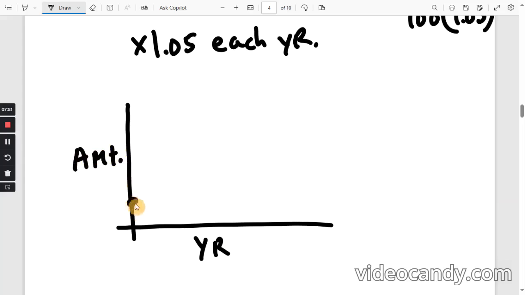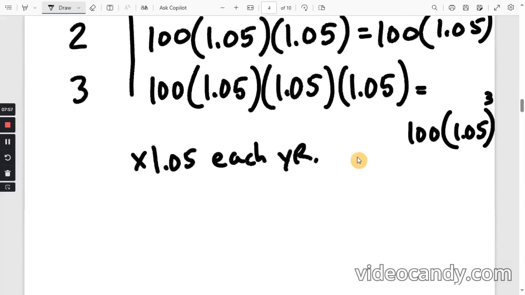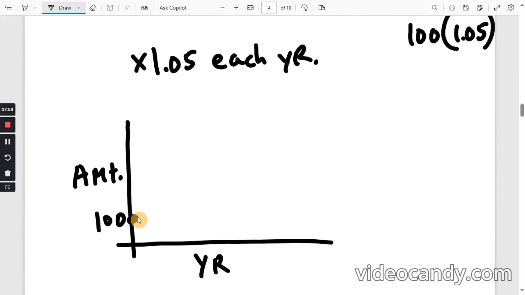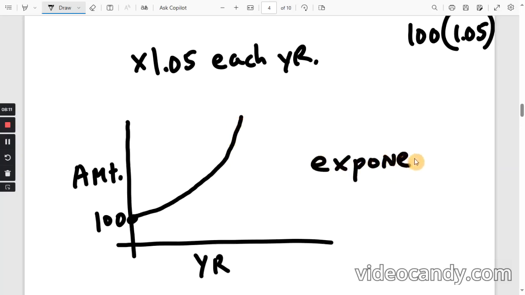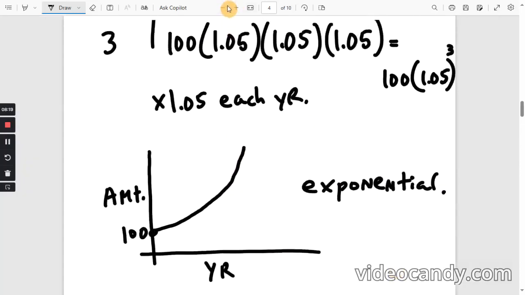We started right here at $100, but you're adding 5% to a bigger amount each time, so it's going to add a bigger amount each year because the money keeps growing and you're adding 5% to that new amount each time. So this graph is going to be exponential. All right, so that is the difference between simple and compound interest.